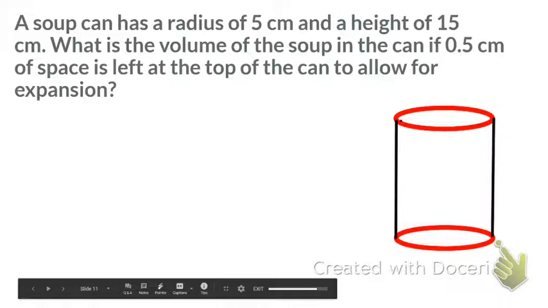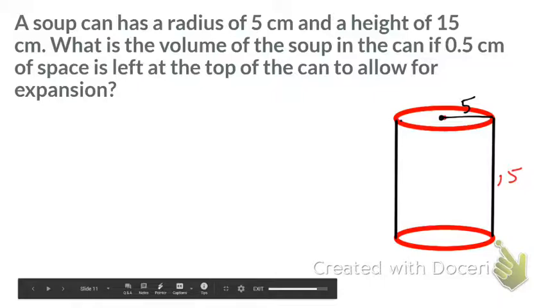This problem is basically saying that a manufacturer is making a can of soup and it's 15 centimeters tall, and the radius is 5 centimeters. Well, the soup manufacturer cannot fill the entire can full of soup.